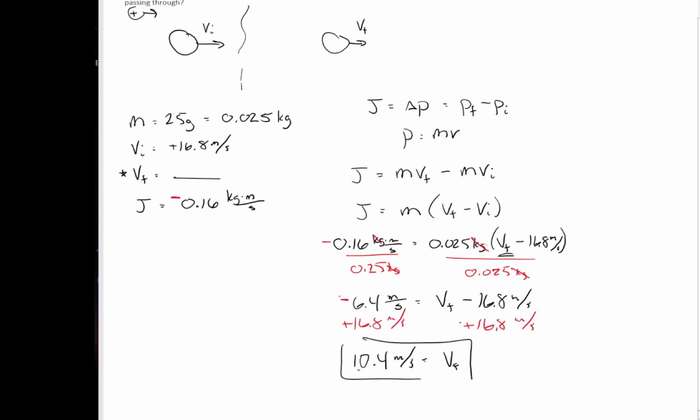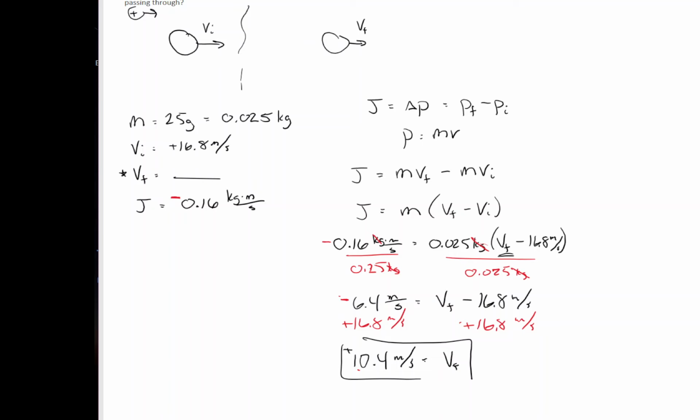All right, and so we get a positive answer. I expect it to still be to the right, but it is indeed less than the 16.8, which is what I expect. That glass took away 6.4 meters per second of velocity from that golf ball to end up with a final velocity of 10.4.